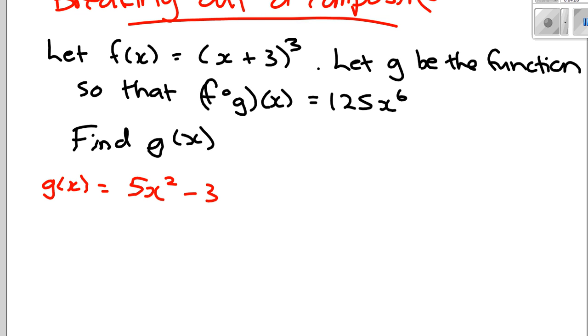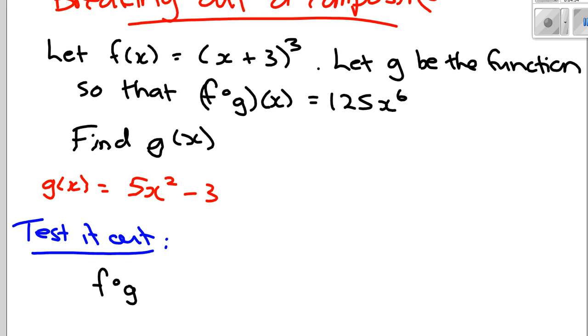That's right. So the great thing is you can test it out by now putting g of x into here and seeing does it give you this thing. So let's test it out. So f of g of x would have to be that thing, and then we'll sub in our 5x squared minus 3, and then plus 3, cubed. And then we just work that out.